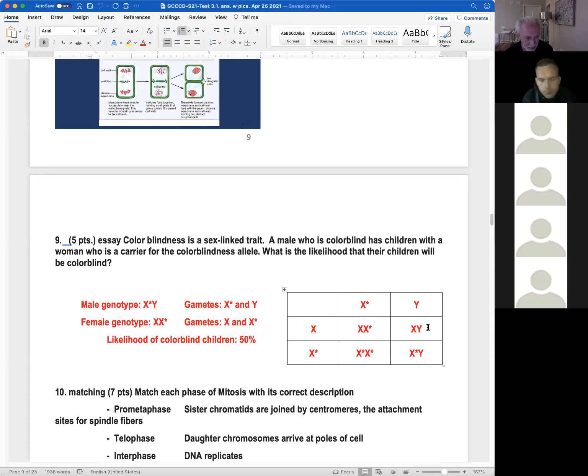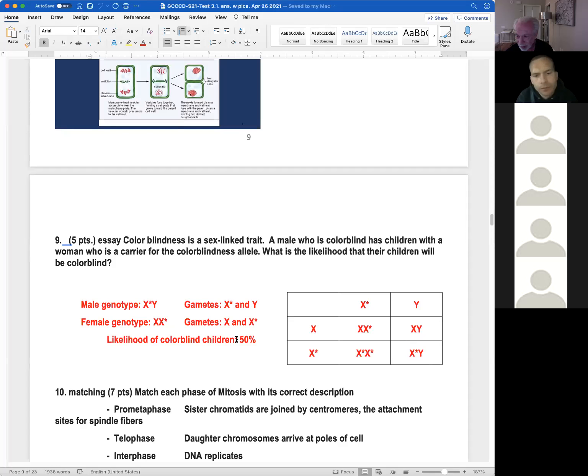One is XY, he's not colorblind. The other one is X star Y, he is colorblind because he's only got one X and it's mutant. So half the progeny are boys, half are girls. Half the boys are colorblind and half the girls are colorblind. So the answer to the question is 50%.